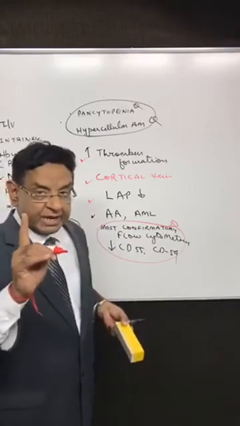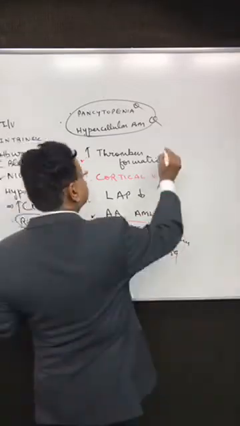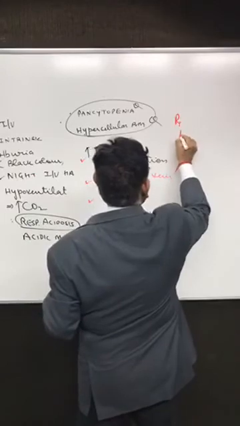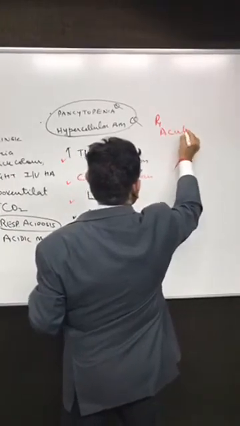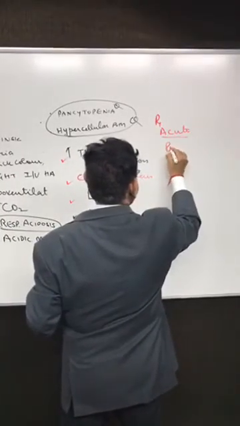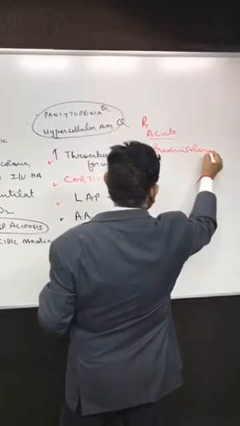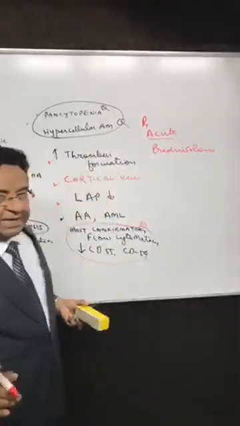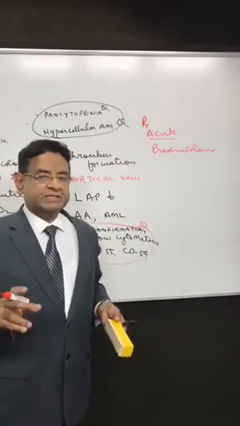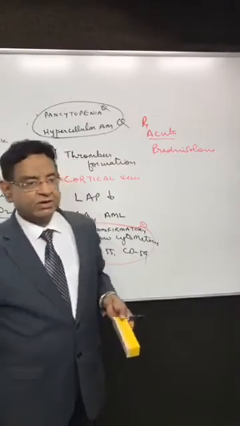That's acute hemolysis. The treatment of acute cases is always prednisolone. Remember, again repeating a second time, in acute cases the drug of choice is prednisolone.